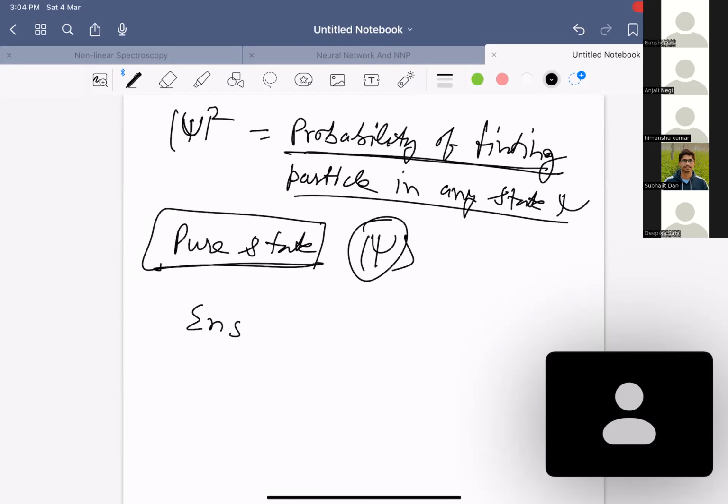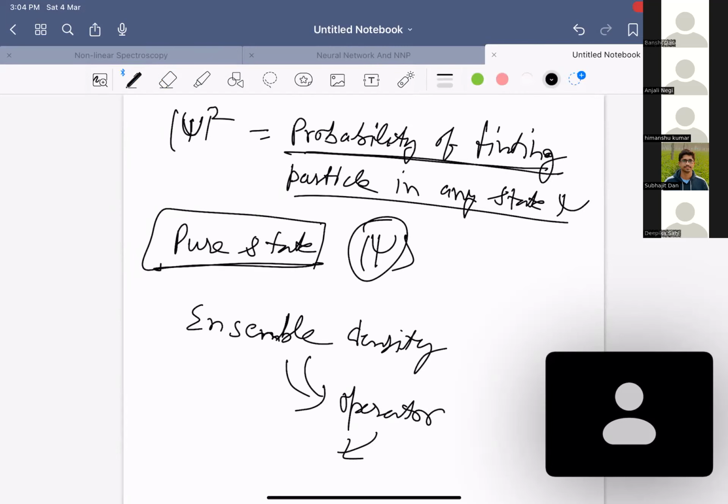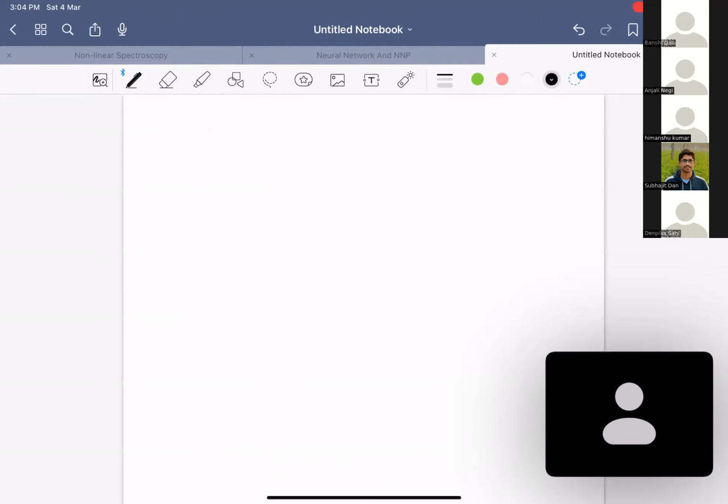So to introduce it in quantum mechanics, we need this ensemble density, which is an operator in quantum mechanics, and that is our density matrix or density operator. So now let us introduce the density matrix from the statistical point of view.